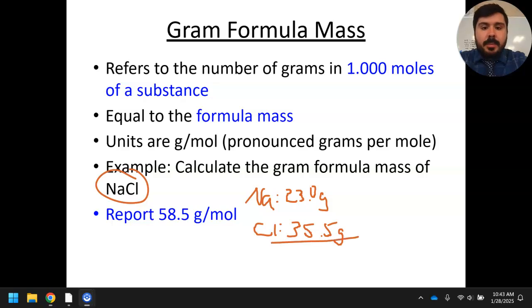Well, if you add these up, right, because of course we're talking about the compound NaCl, it's going to be the addition, we're adding these together, right? If I have 23.0 grams plus 35.5 grams, 3 plus 5 is 8, 0 plus 5 is 5, so 58.5 grams, which just so happens to be what we have here.